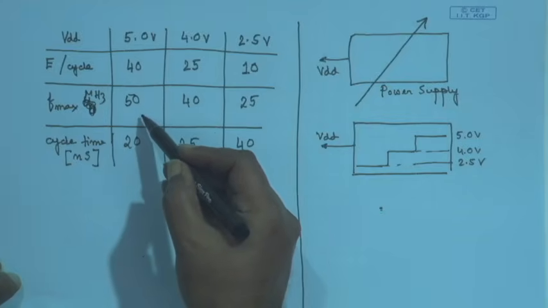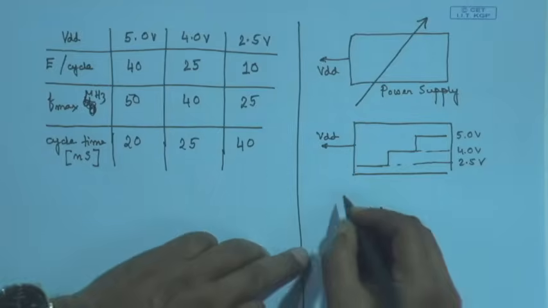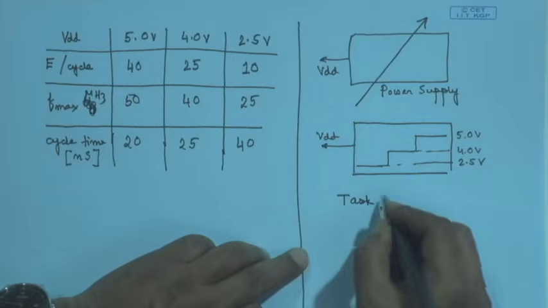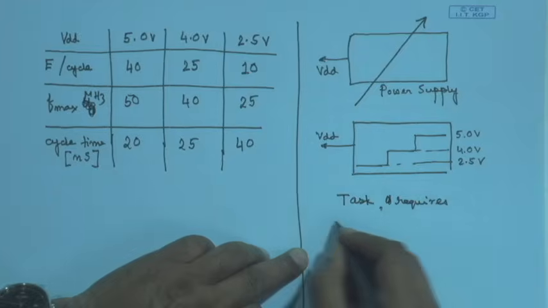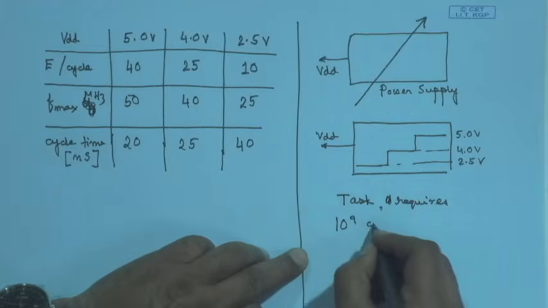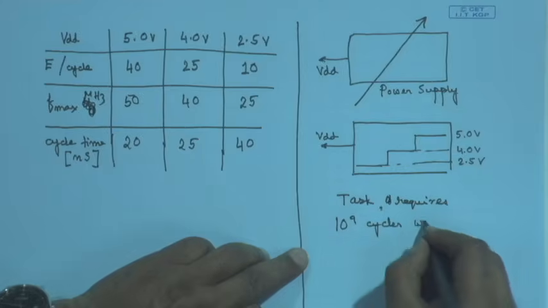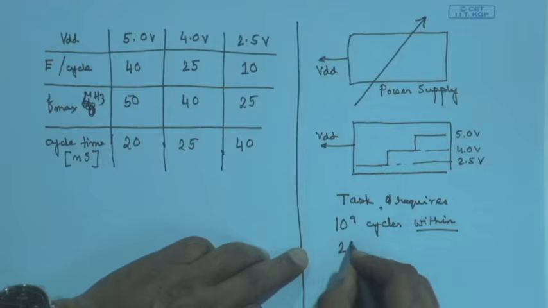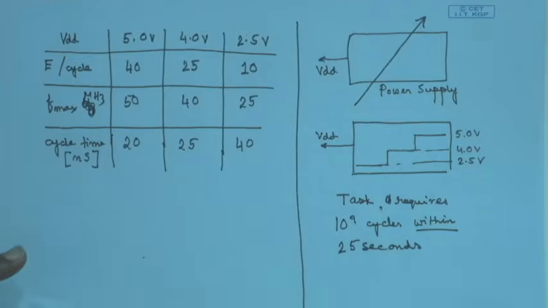This is the maximum frequency at which I can run it, etc. Now, I am given a task that requires 10 to the power 9 cycles to be run within 25 seconds. So, my deadline is 25 seconds.